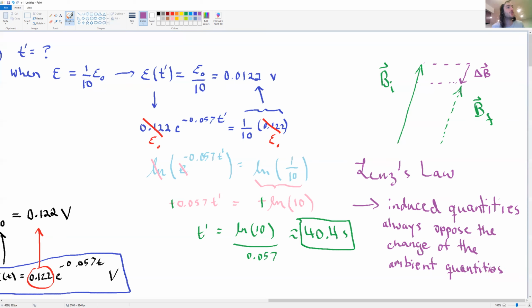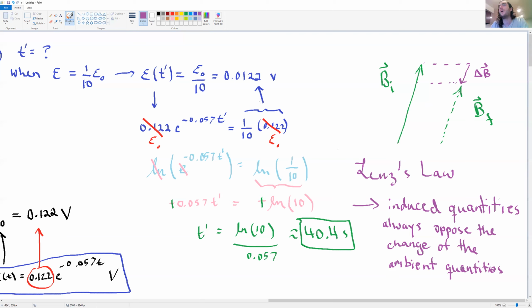Okay, so we have identified the change in magnetic field. We've said it's down and to the left. Lenz's law says, okay, now you can figure out the direction of the induced quantities by looking at the negative of the change, the opposite of the change.